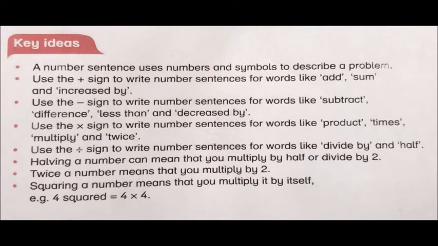The key ideas on page 309 will also help you with some of the vocabulary in this first getting started table. It says a number sentence uses numbers and symbols to describe a problem. You use the plus sign to write number sentences for words like add, sum, and increased by.